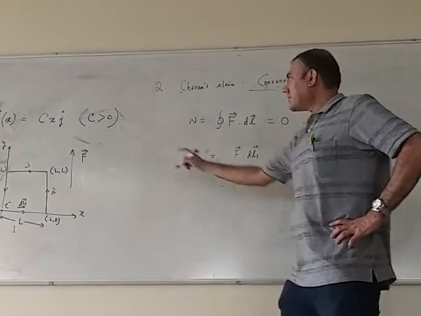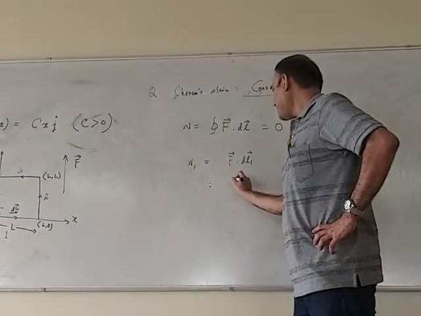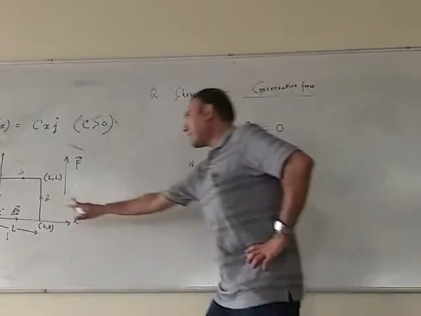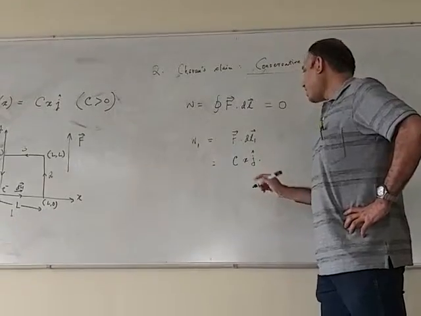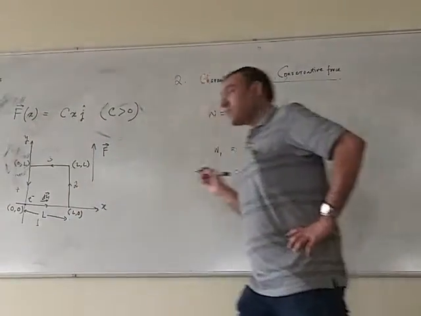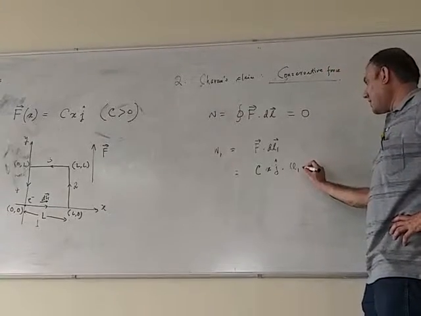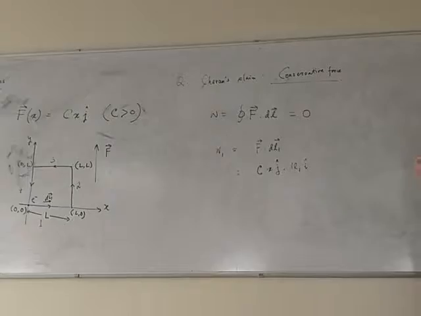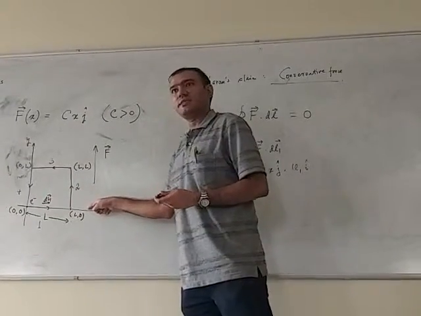see F is this. x is a varying one here. x j cap dot, what is dl1? The vector dl1 is dl1 i cap, because it's just along the x-axis.